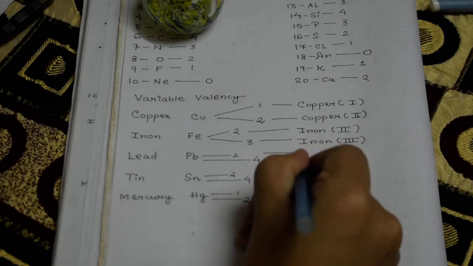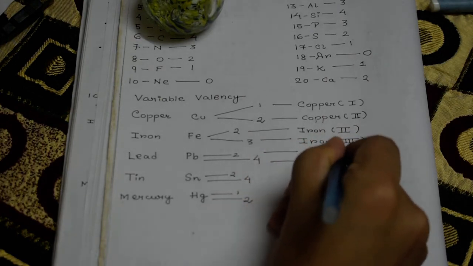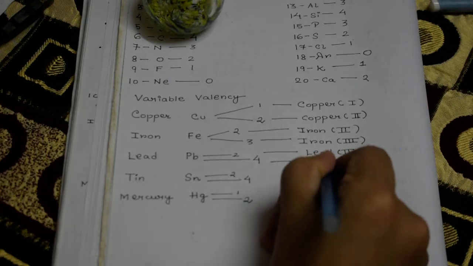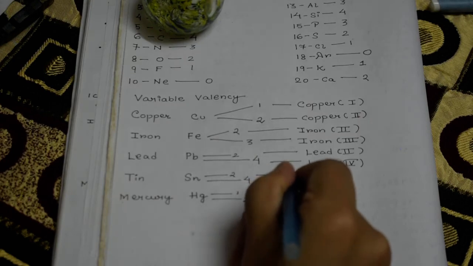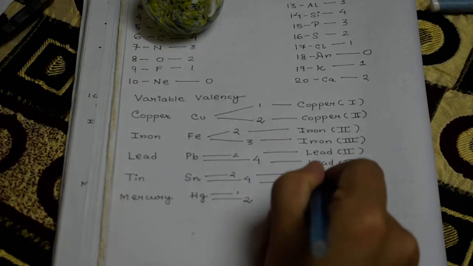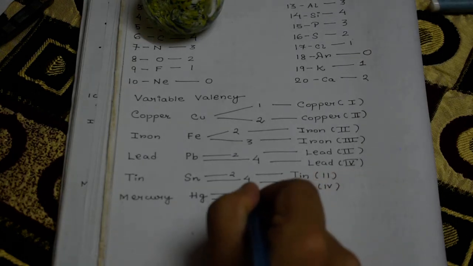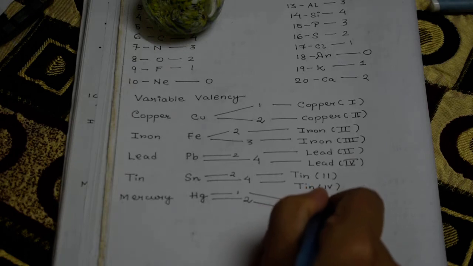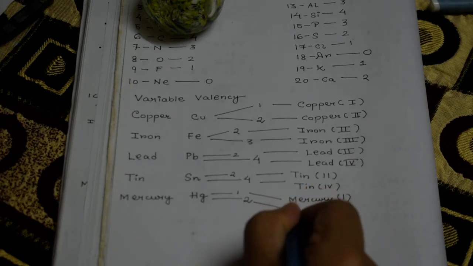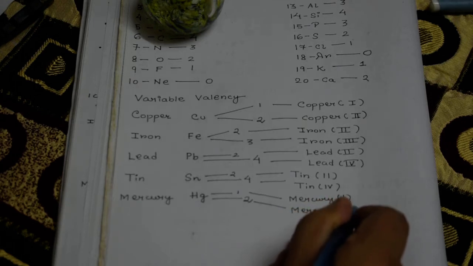Follow it up with lead: lead 2 and lead 4. For tin, it will be tin 2 and tin 4. Finally, for mercury, we will have mercury 1 and mercury 2.